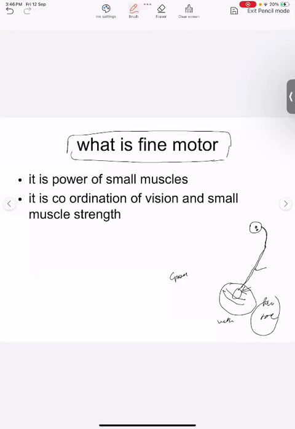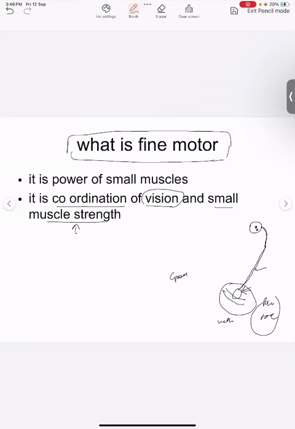So they want to assess the small muscles of the hands or maybe of the lower limb. But for fine motor, for the time management, we'll just keep the upper limb in our mind. There must be a coordination of the vision and the small muscles. This is a check of the strength of the small muscles of the hand, but there must be some coordination.